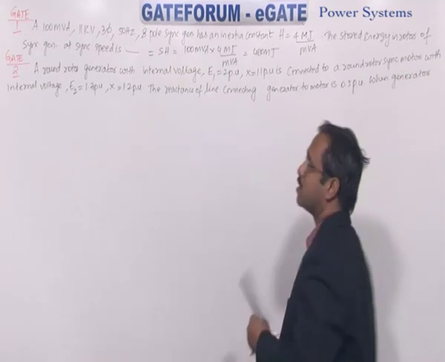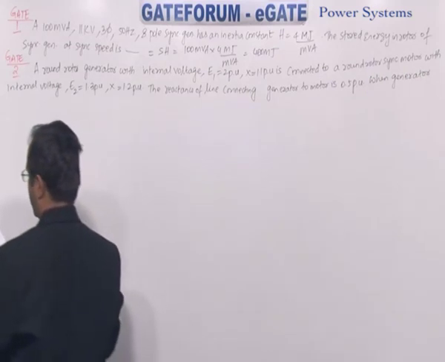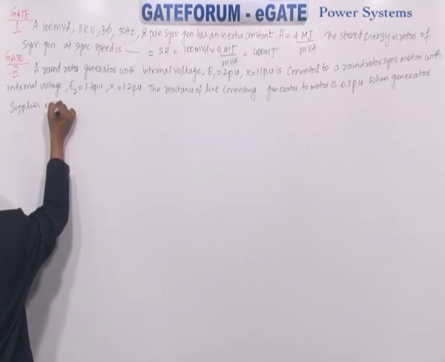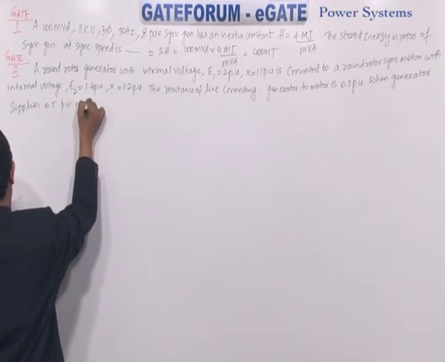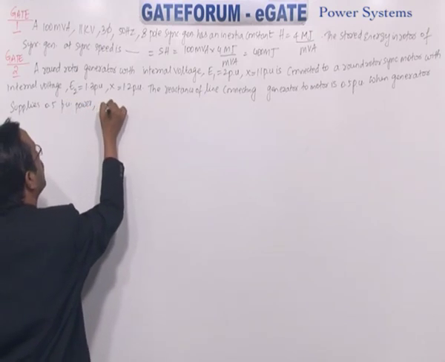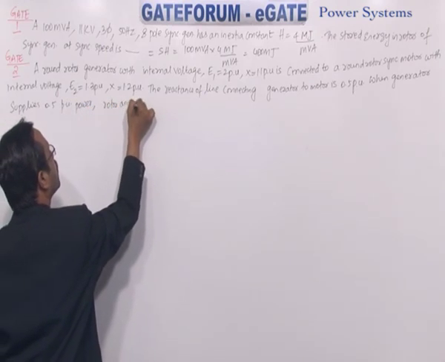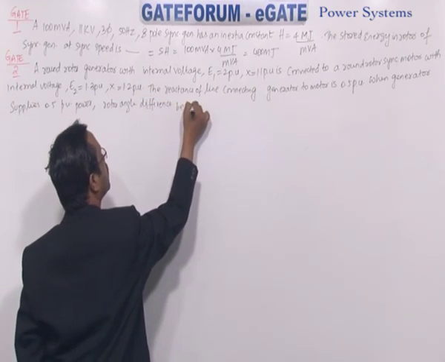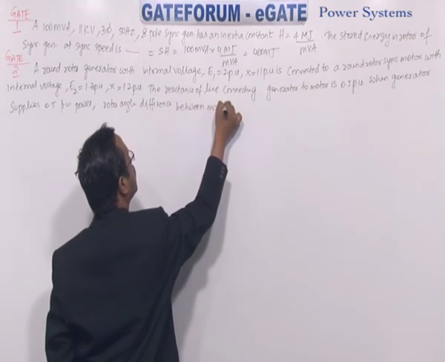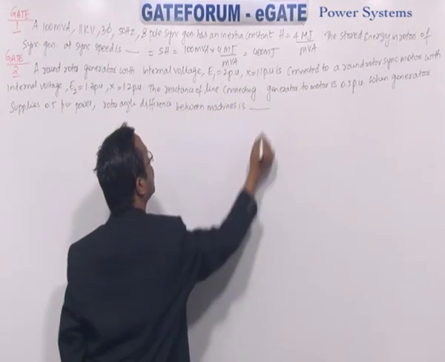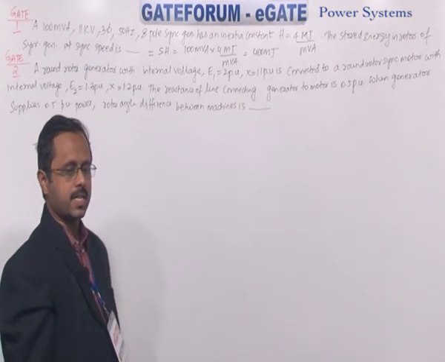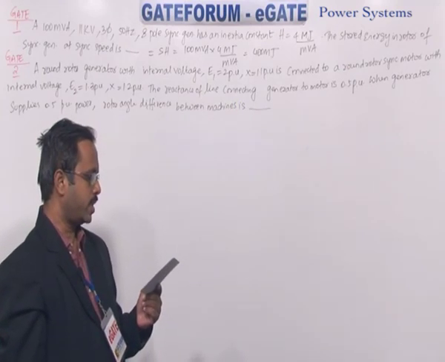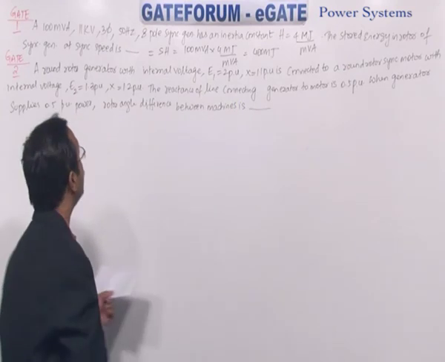When the generator supplies 0.5 per unit power, the rotor angle difference between the machines is. This is what you have to calculate here.